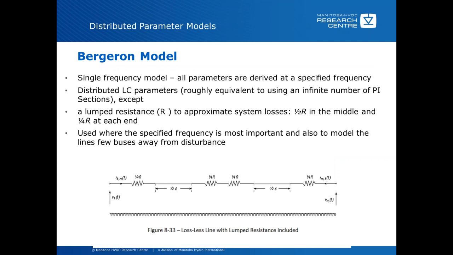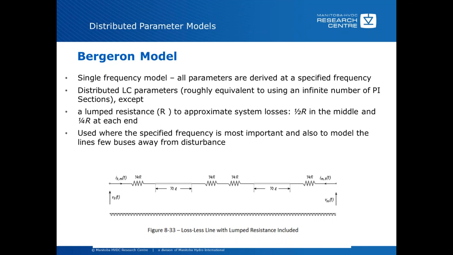First one, Bergeron model. It's a single frequency model. So all parameters are derived at a user specified frequency. The inductance and capacitance parameters are modeled in a distributed manner. We can think about it as an equivalent circuit having an infinite number of pi sections.